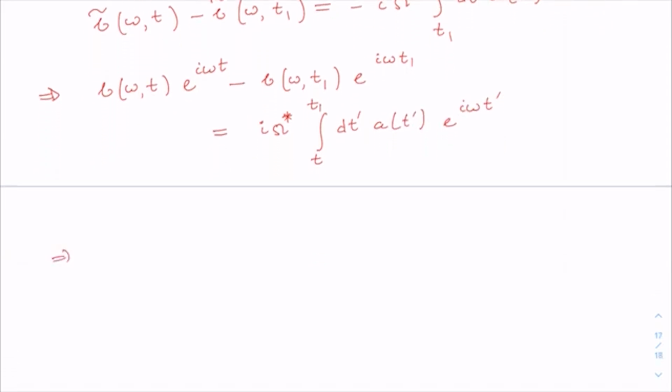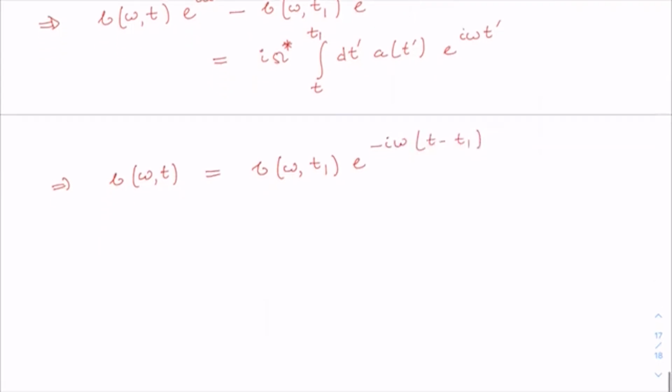Okay, so from here I get b of omega t is equal to b of omega t1 e to the power minus i omega (t minus t1) plus i omega star of omega, integration t to t1 dt' a of t' e to the power minus i omega (t minus t').